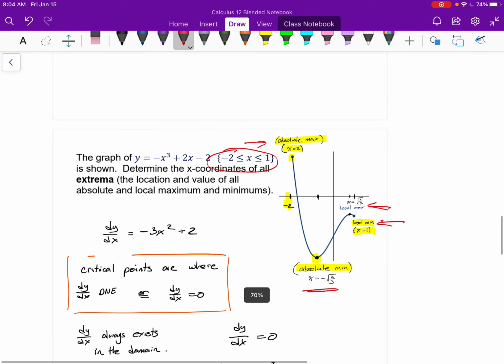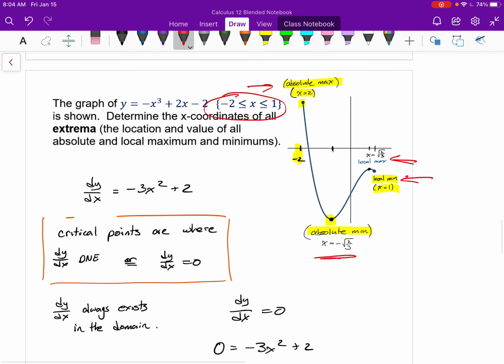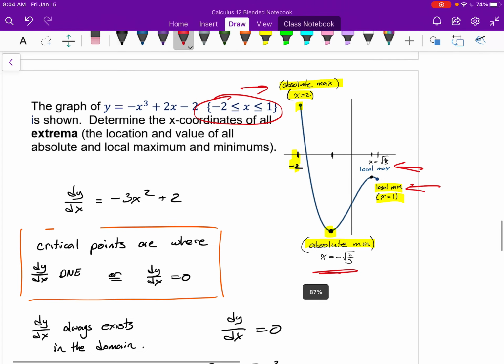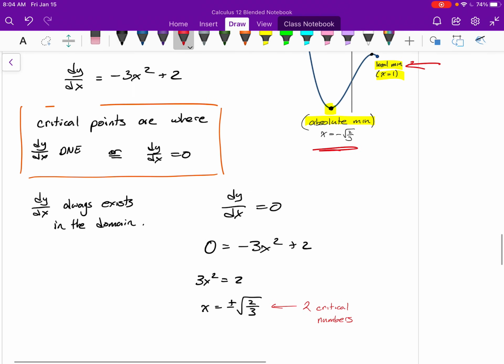And if I notice the question is just asking for the x coordinates. So while I labeled this absolute max and absolute min, it didn't actually ask for that. It just asked for the x values, where are all the extrema. And so I know there have to be something happening at the endpoints. And I now know my critical numbers here.